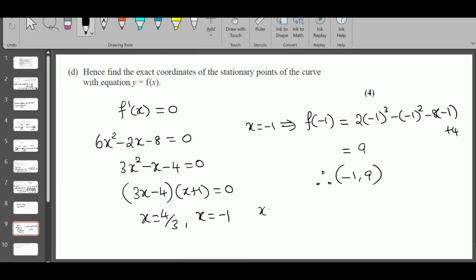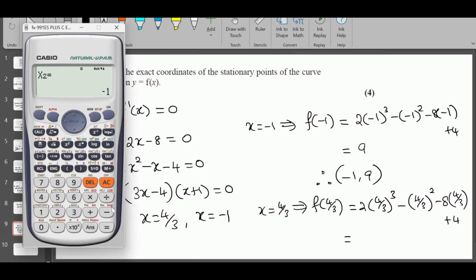When you replace x by 4 over 3, f of 4 over 3, or you can write it as y is equal to 2 times 4 over 3 whole cubed minus 4 over 3 whole squared plus bx, but b is minus 8, plus 4.